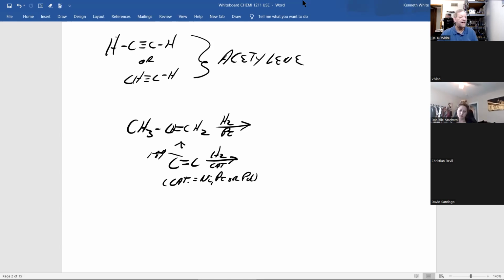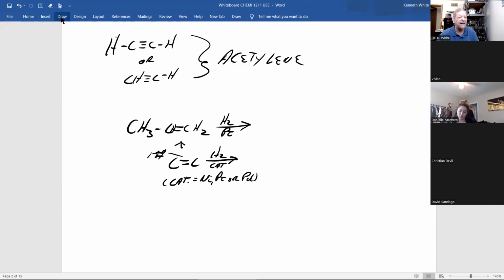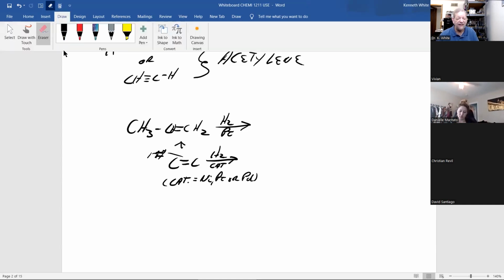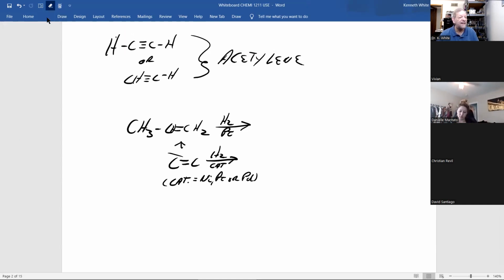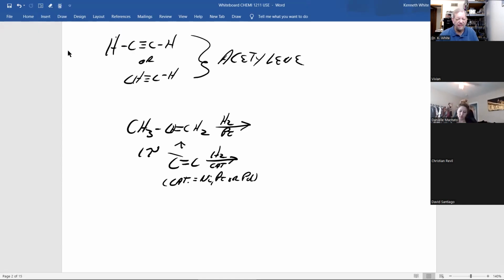Hold on, I'm having a bad pi drawing day. Now I'm having a better one. One pi bond, one sigma bond. You break the pi bond, and each carbon gets a hydrogen.